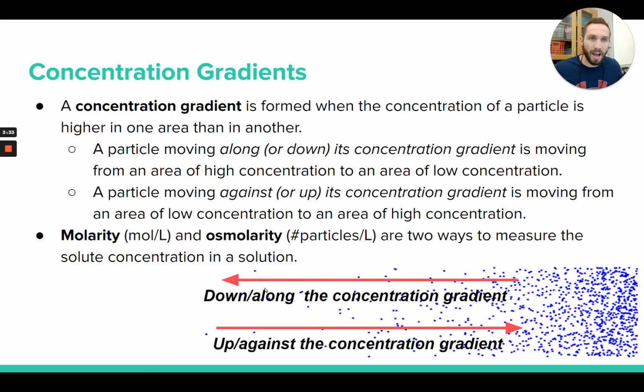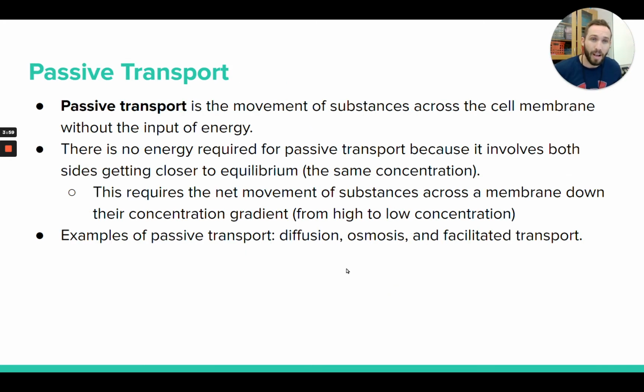But then you could also have particles that might be moving against their concentration gradient, or up their concentration gradient. That means they're going from an area that has a lower concentration towards an area that has a higher concentration. So just make sure you know what those terms mean. When I say something's going down or along its concentration gradient, that means from high to low concentration, and if I say something's going up or against its concentration gradient, that means it's going from low to high, like this picture is showing you here.